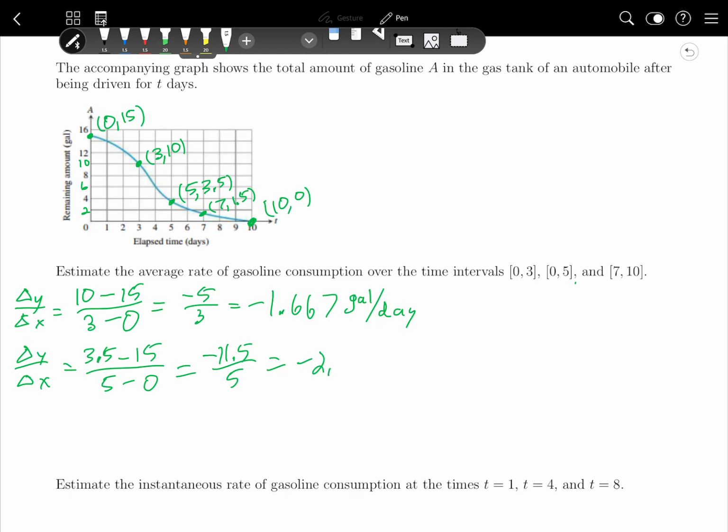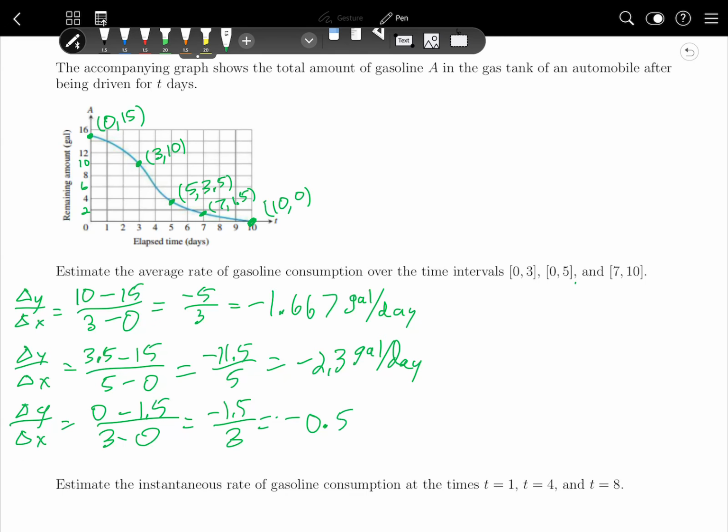So that's negative 2.3 gallons per day. And the last one from 7 to 10. At 10, our y value is 0 minus our y value at 7, which is 1.5, over 10 minus 7, which is 3. So that's negative 1.5 over 3, which is negative 0.5 gallons per day.